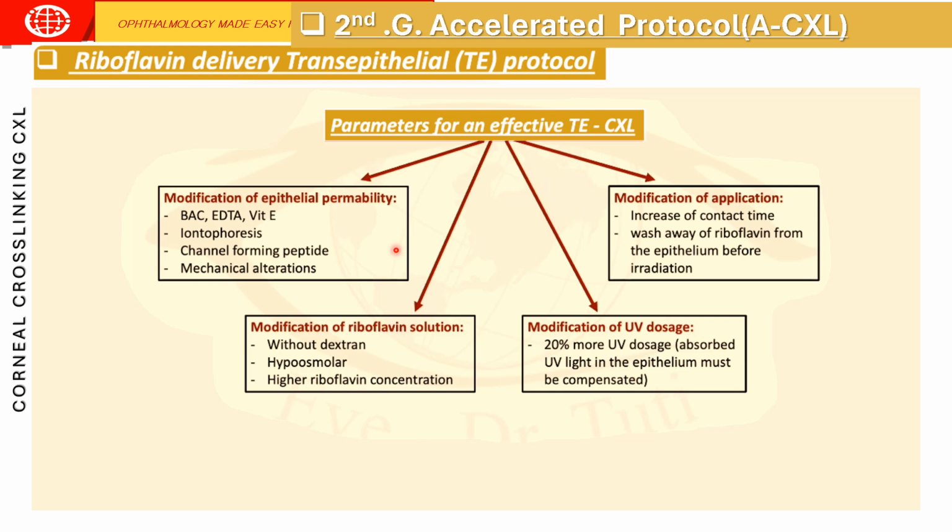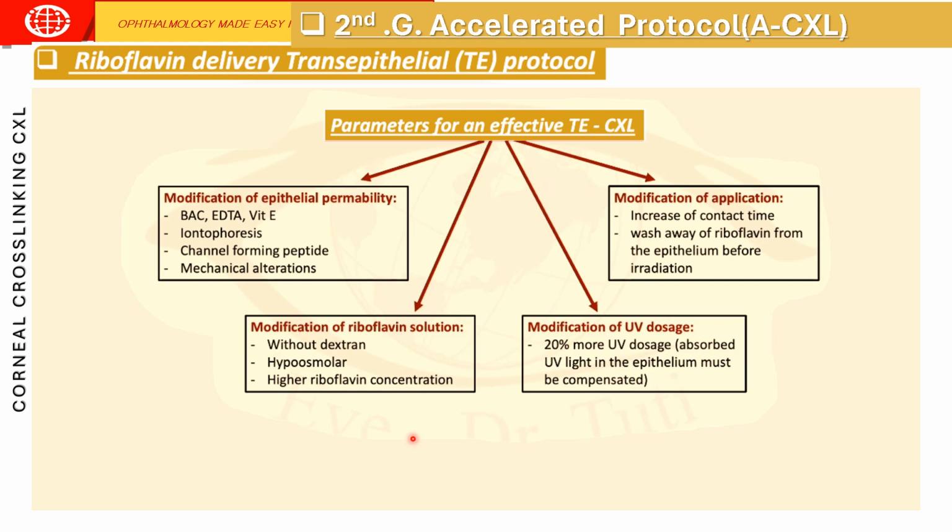Other doctors start to modify the concentration and the type of riboflavin. They claim that instead of using the thick riboflavin, we will use another riboflavin with EDTA or with isotonic riboflavin. Also the use of hypoosmolar riboflavin will facilitate the penetration, and use different concentrations rather than 0.1%.